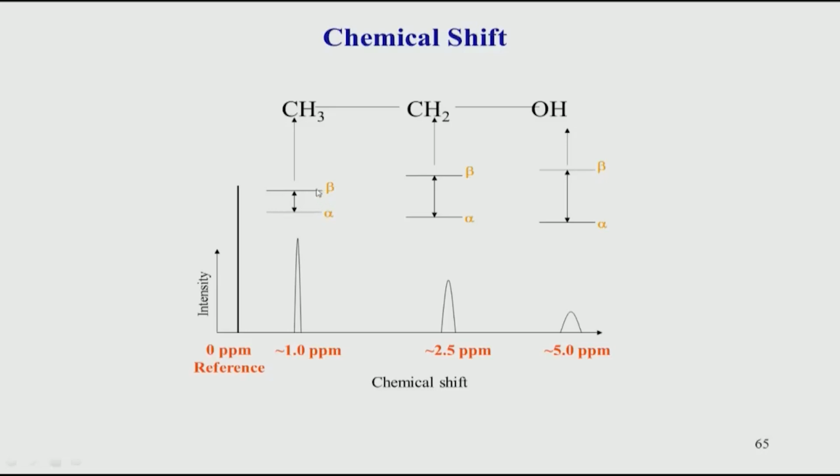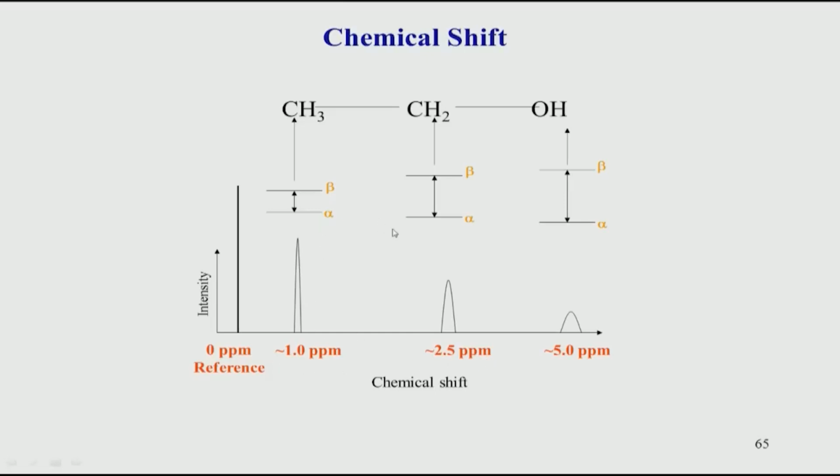So, you can see that this particular CH3 has a different resonance frequency compared to this hydrogen and compared to this. There is a gradual change of the energy, and therefore the resonance here is not the same as the resonance here, and when you start exciting the protons, this one will have a different frequency of excitation, which is converted into a ppm scale, we will see shortly.